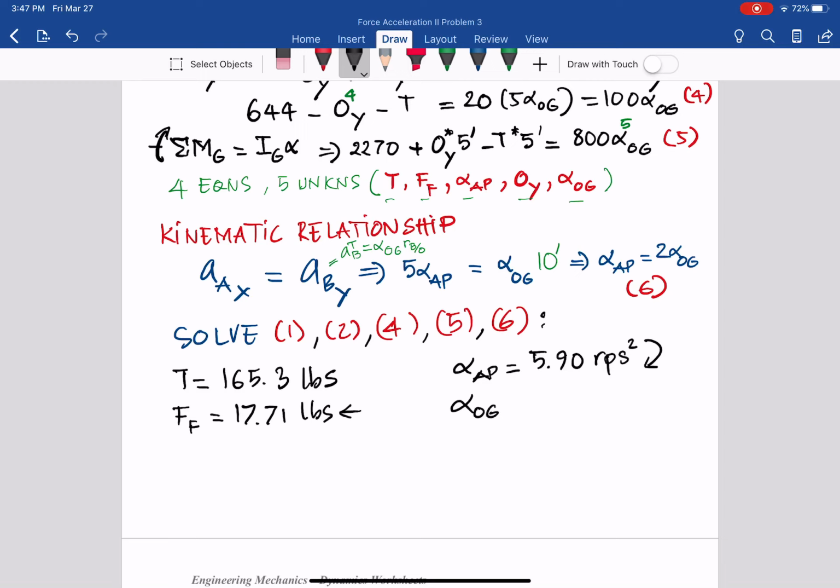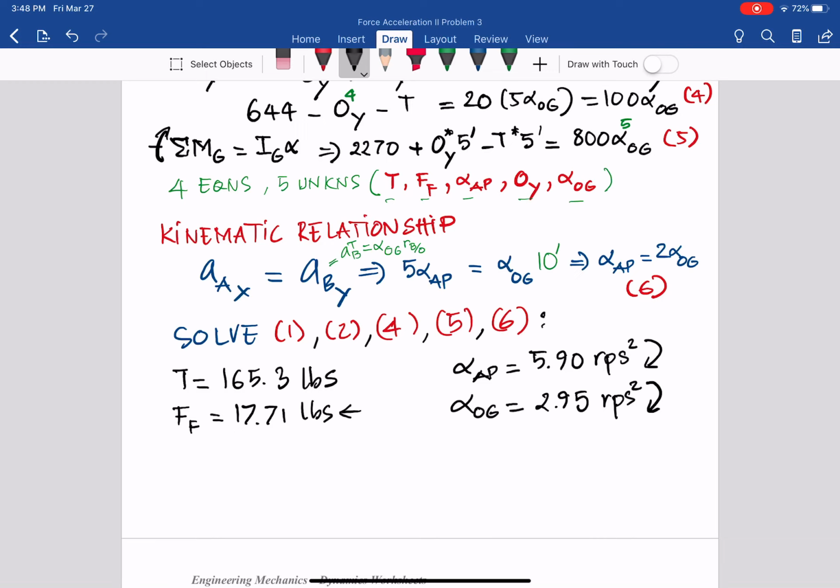Alpha OG is half of alpha AP based on equation 6, so we have 2.95 radians per second squared, also clockwise.